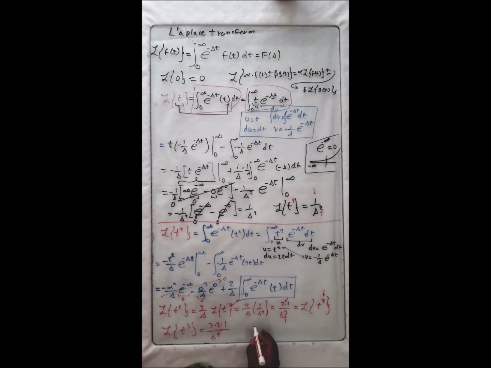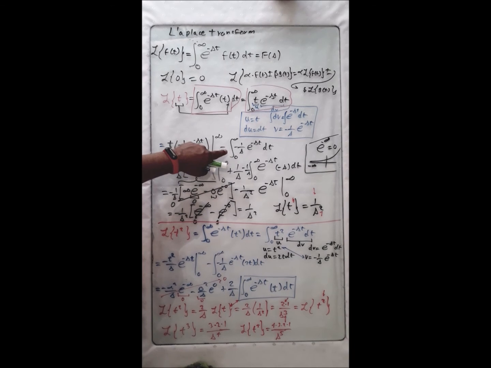Now what if you have the Laplace transform of t to the power of 4? Here is a rule. Because here you have 4, then it's going to be s to the power of 5, and then this is going to be 4 times 3 times 2 times 1. Now why this multiplication of numbers? Because of the integration by parts. Here, in this integration by parts, you generate 1.